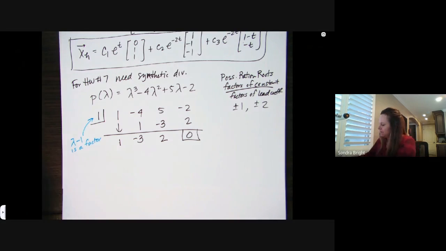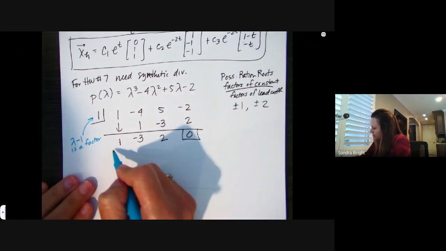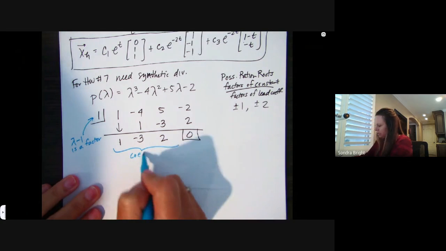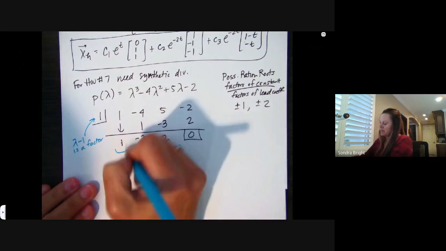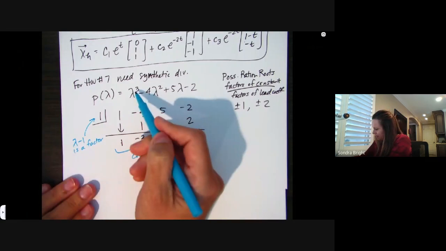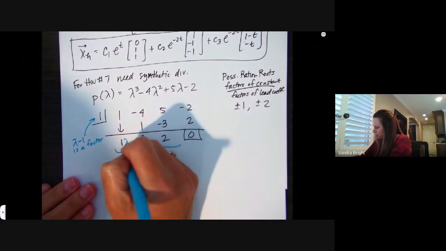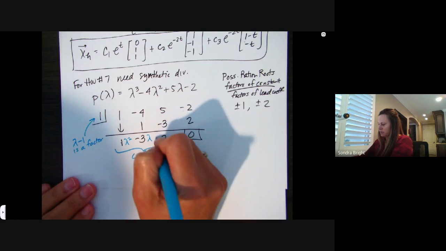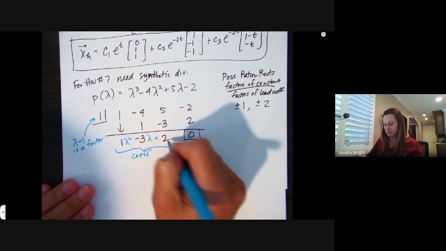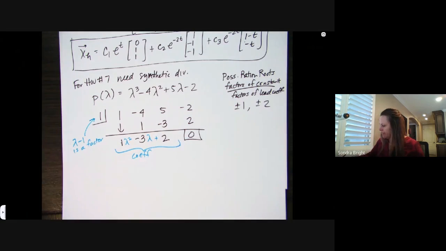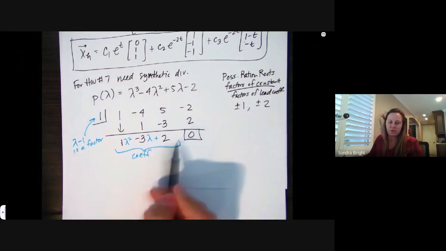And then these are the coefficients of your depressed equation. You started with a lambda cubed, so this would be a lambda squared, this would be a lambda, and then that's your constant. Quadratics, you know how to factor.